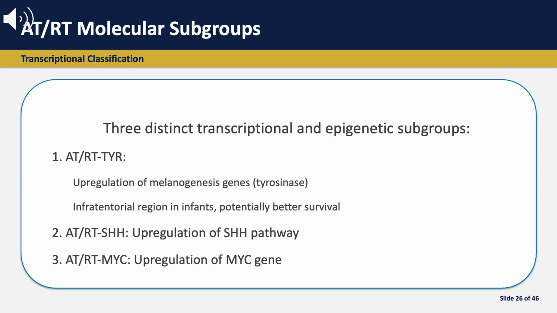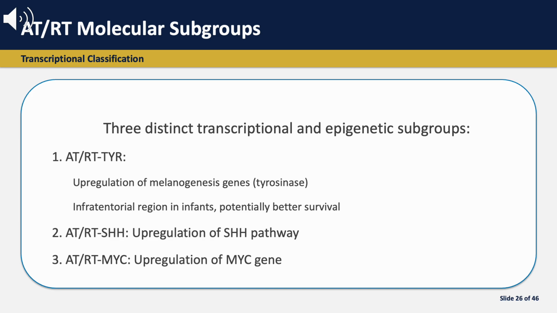Recent studies have identified 3 distinct transcriptional and epigenetic subgroups of atypical teratoid rhabdoid tumors, which show slightly different clinicopathologic features. The subgroups were assigned the terms TYR, SHH, and MYC to reflect the upregulation of genes related to melanogenesis, including the TYR gene encoding tyrosinase, the SHH pathway, and upregulation of the MYC gene itself, respectively.